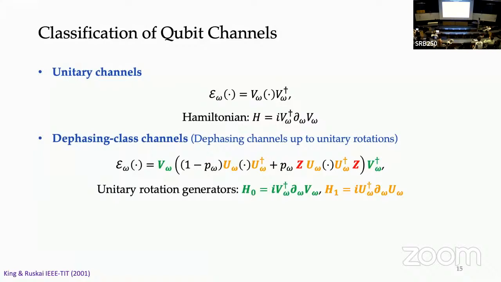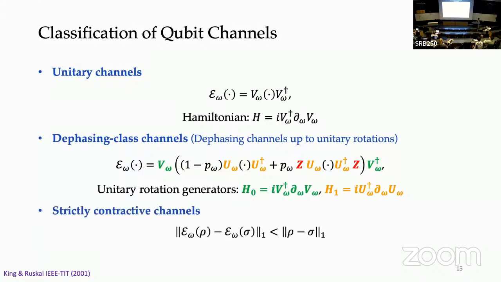For example, bit flip noise is also a dephasing class channel because you can always rotate X to Z. And finally, if the channel does not belong to the first two classes, it has to be a strictly contractive channel, meaning that it will strictly contract the trace distance between two quantum states.